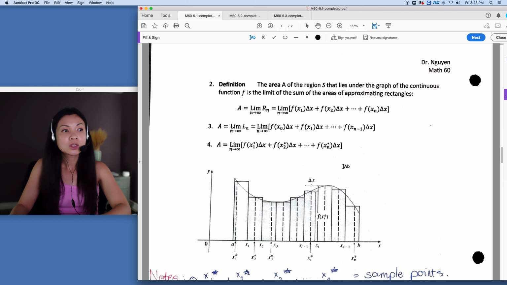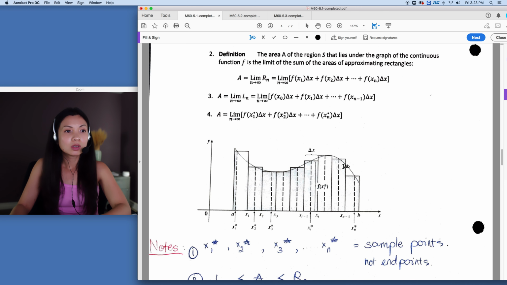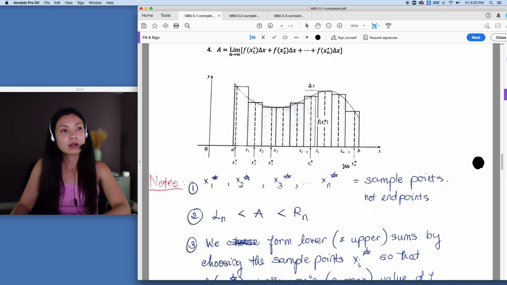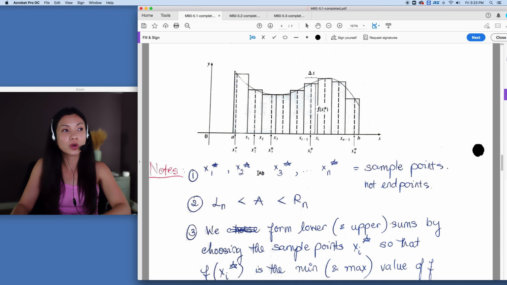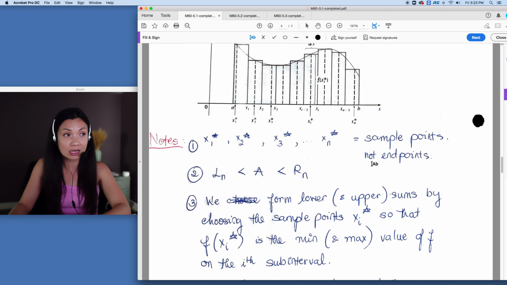You see right here I have x1 star, x2 star, x3 star. These are the sample points, not the endpoints. And don't forget, just like what we did earlier for the lower and the upper limit, the area is going to be right in the middle: left and right, lower, upper.